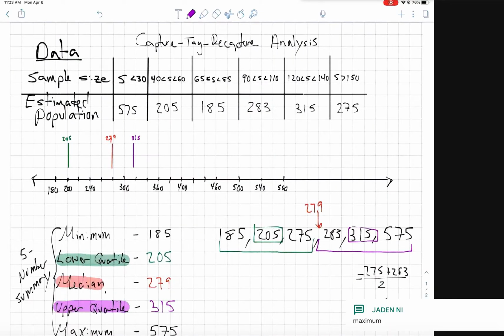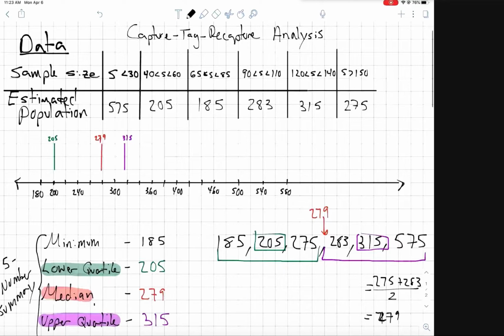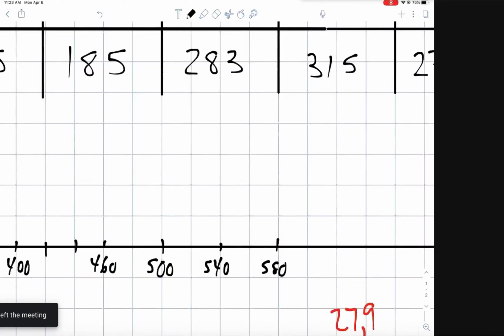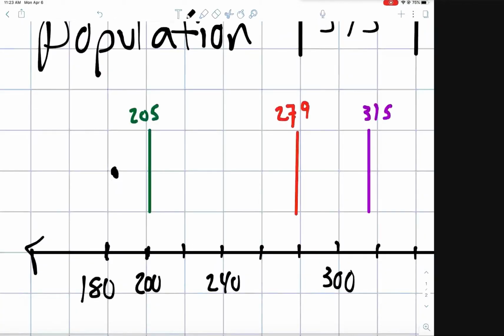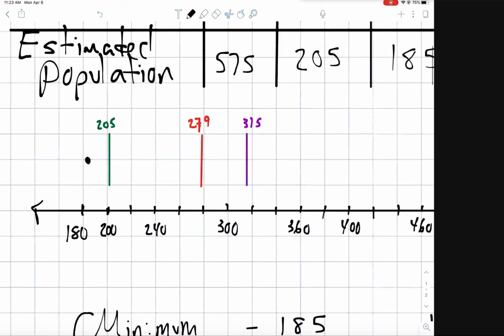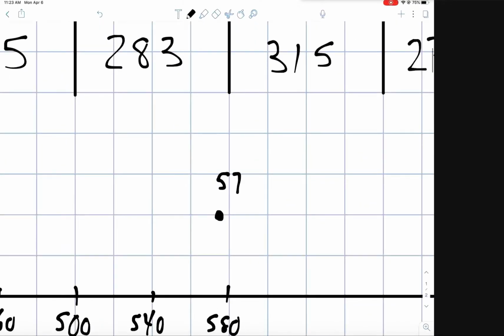Okay. Jaden's saying we need the maximum and minimum. So the maximum is 575 and the minimum is 185. Now what?